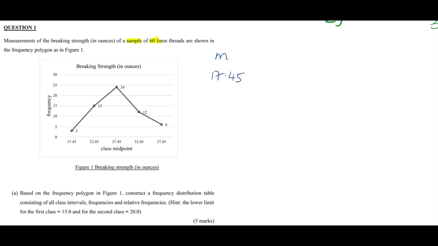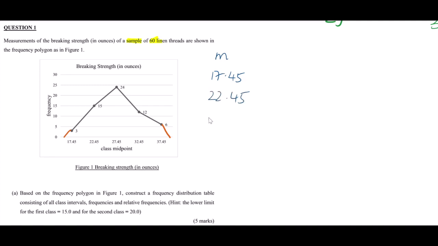By the way, could you detect what's the mistake in this frequency polygon? Yes, you're right. We could never leave the frequency polygon hanging like this. We always need to start from 0. Okay, all right.